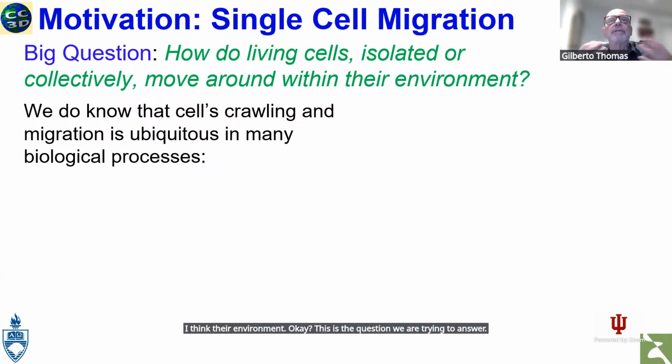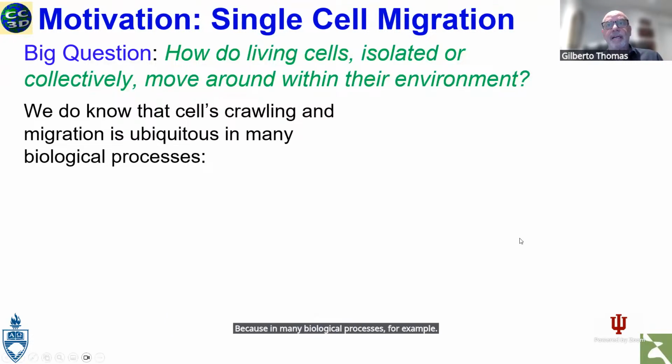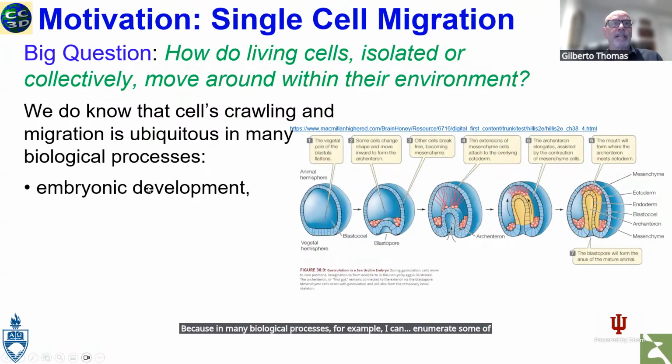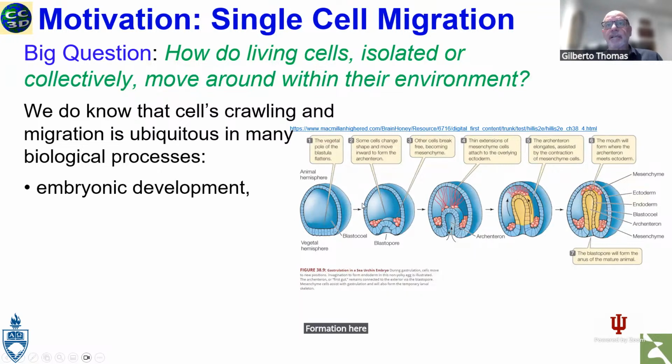And we know that crawling migration is a ubiquitous process in many biological processes. For example, I can enumerate some of them: embryonic development, like the gastrulation formation here. You have this picture, the cells moving a lot to change the structure of the blastocell till you have this final situation here with the beginning of the spine of the animal.